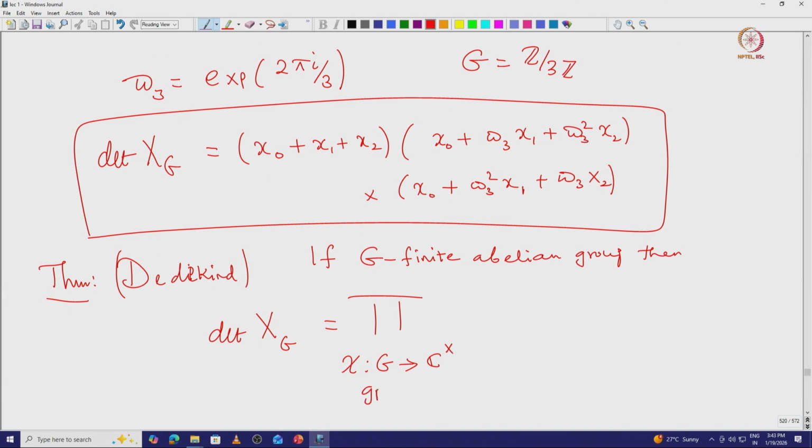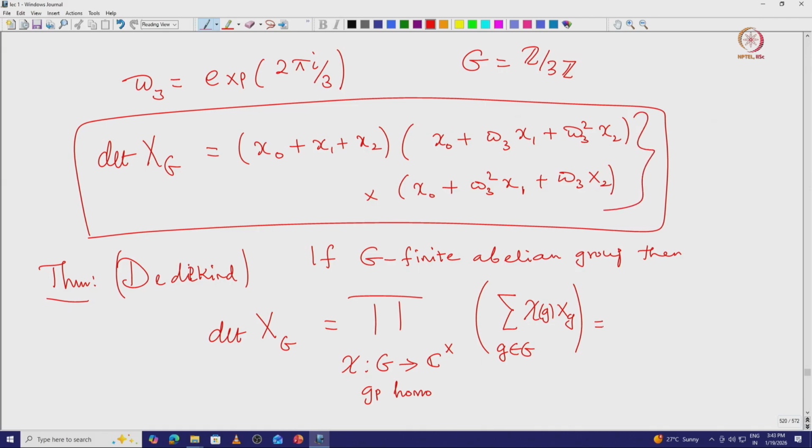So, this is the group homomorphism, and the set of them is also denoted by G hat, and then you sum chi(g) xg over g in G. You take these linear factors, you take the multiplication of all of them, then you get exactly the determinant of xg.